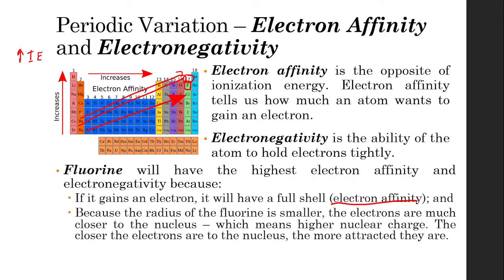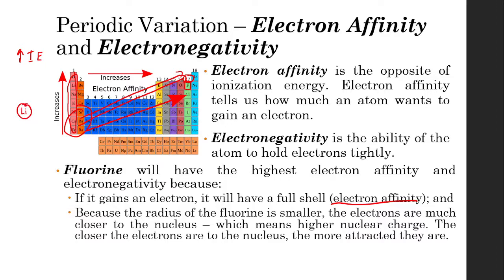As opposed to that, the elements right here actually want to readily donate their electron. The reason for that, remember, is that group 1A has 1 electron in their outermost shell. So let's take sodium or lithium, for example.